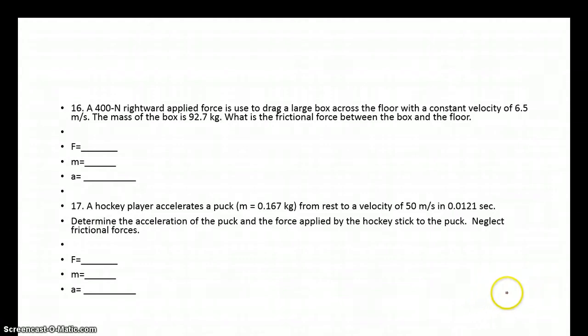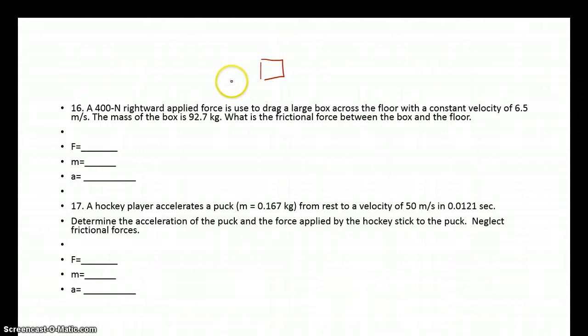So these here, again, it's always that you start with your givens. So I have a 400 newton rightward applied force used to drag a large box across the floor with a constant velocity of 6.5 meters per second, and the mass of the box is 92.7 kilograms.